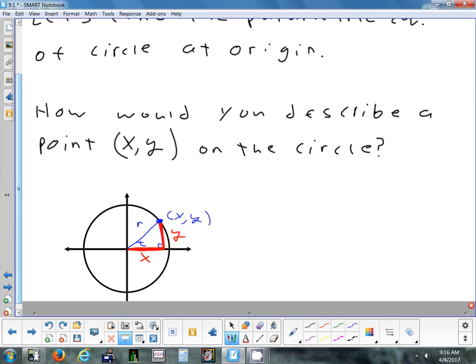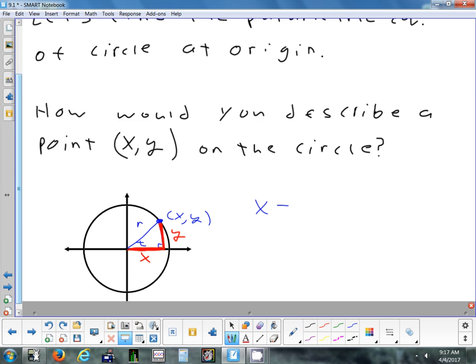And what about y? What trig function does y use? The opposite, and we want hypotenuse. Sine. So using those two trig functions, you can break this into its components if you wanted to think of it almost like a vector.